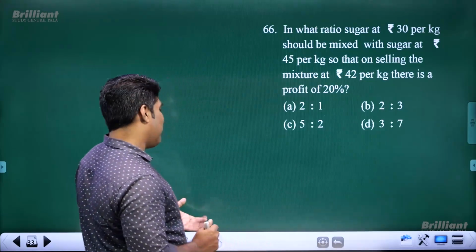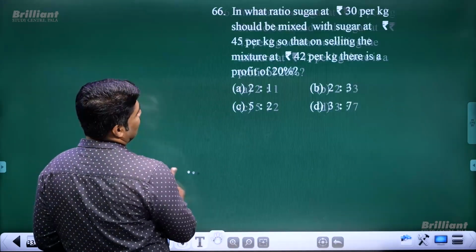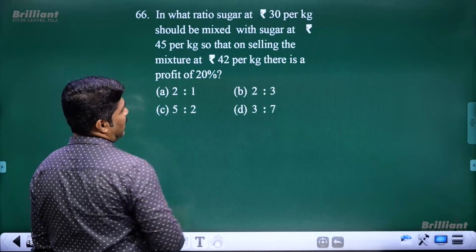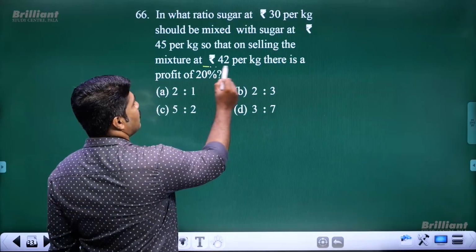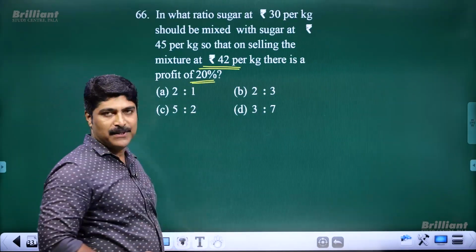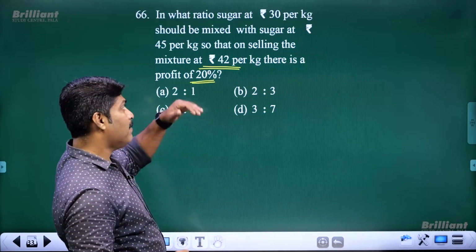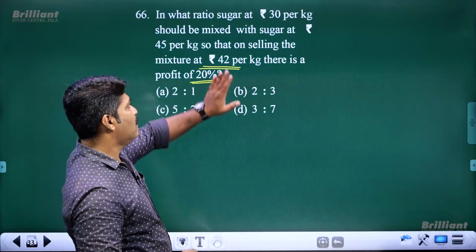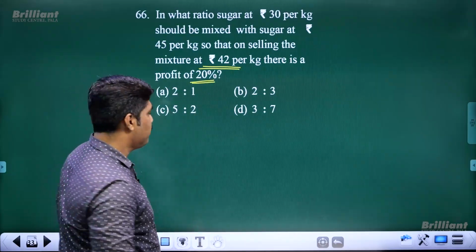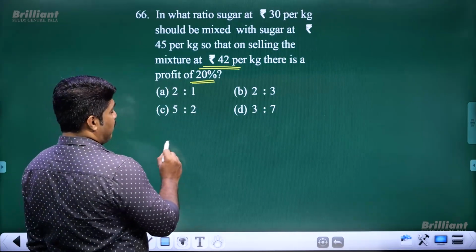But before we apply this allegation method, first you have to find the average cost price. This 42 is not the average cost price. It made a profit of 20%. Clear? So this 42 is nothing but 120% of the average cost price. So first we consider that point.